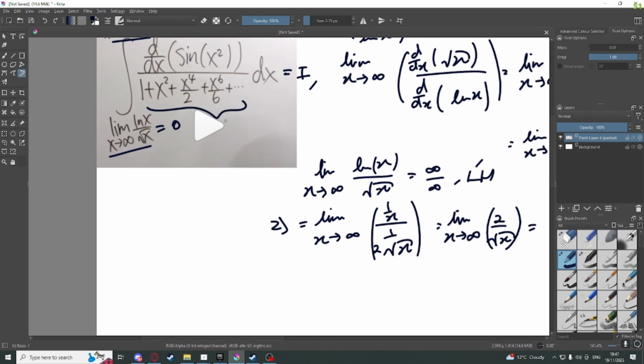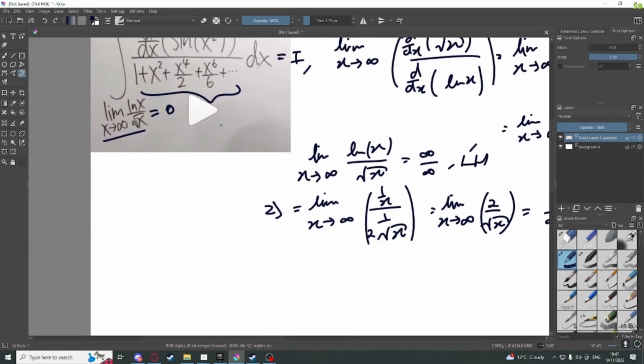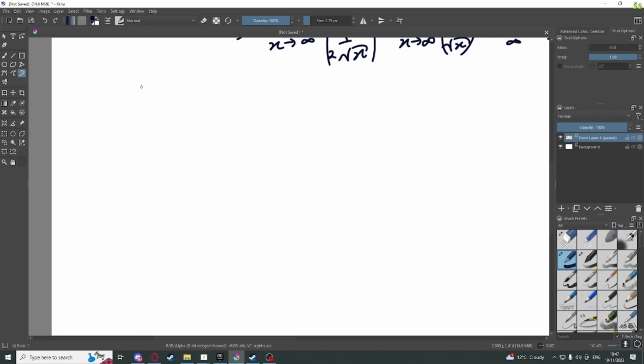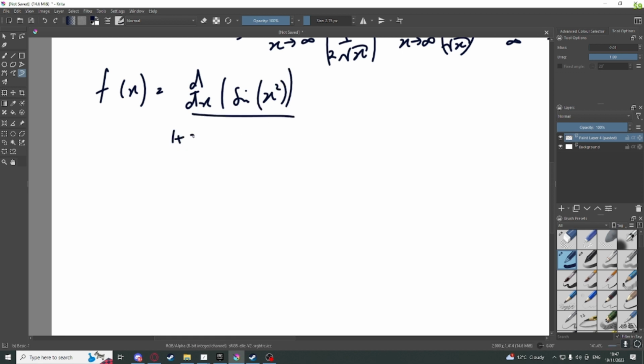And now let's work on our integrand, because our integrand is quite messy. So let's label this f of x, and f of x is equal to the derivative of sine of x squared all over 1 plus x squared plus x to the power 4 over 2 plus x to the power 6 over 6, dot dot dot.